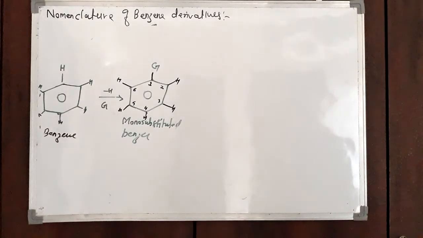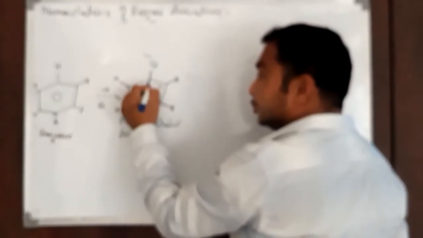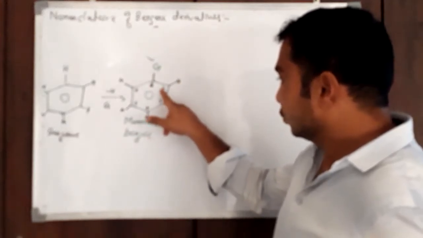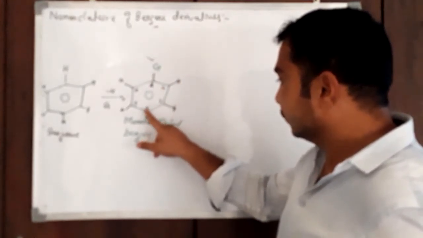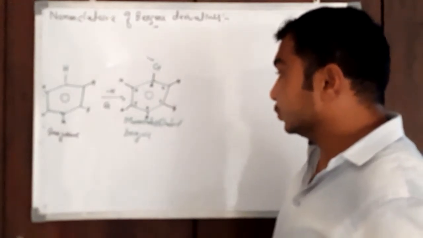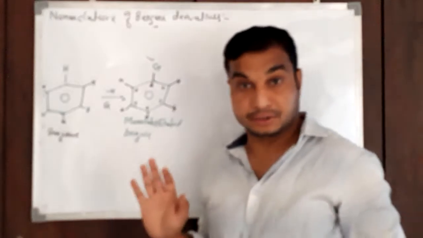In monosubstituted benzene, the carbon having attachment with this group G is given position 1, and next to this are carbon number 2, 3, 4, 5, 6. Now there are 5 hydrogen atoms remaining.